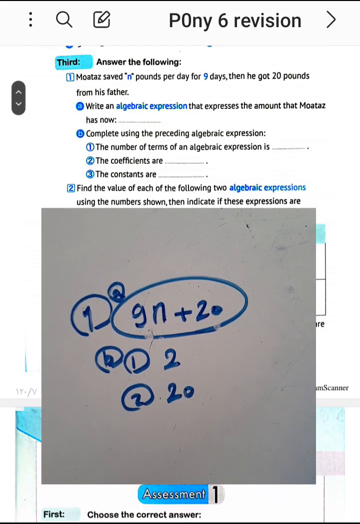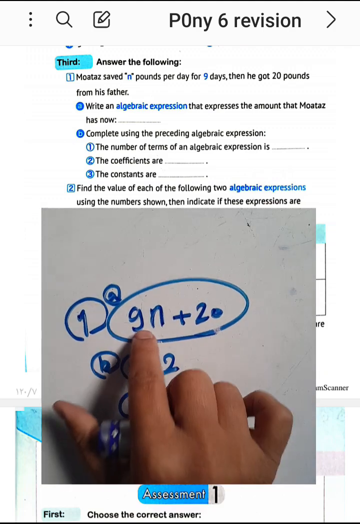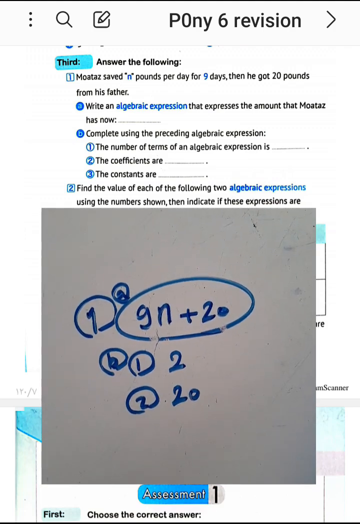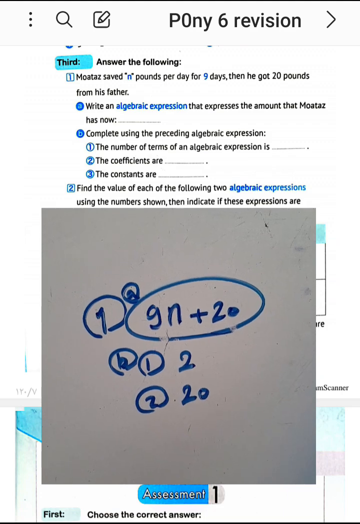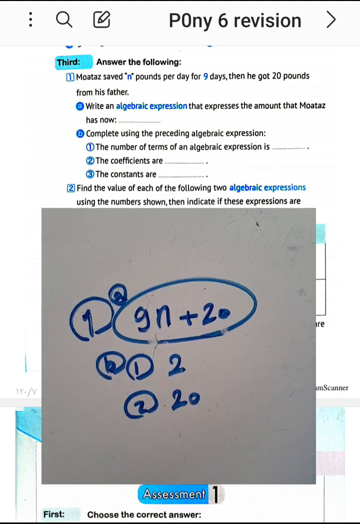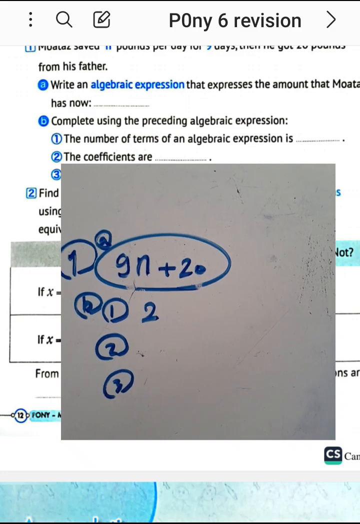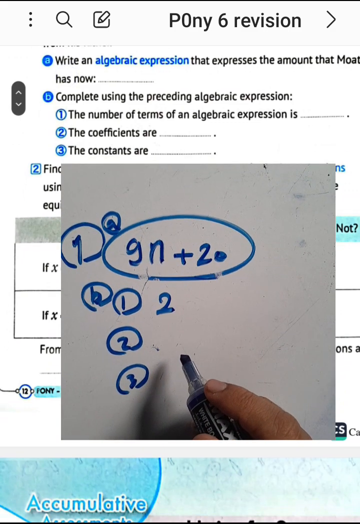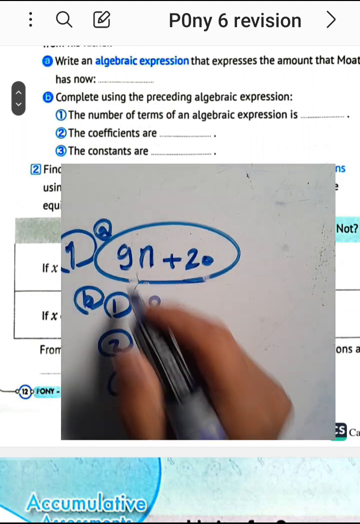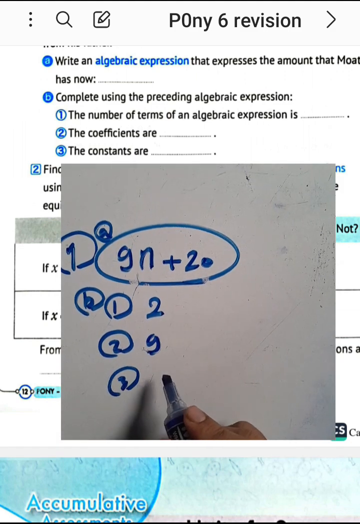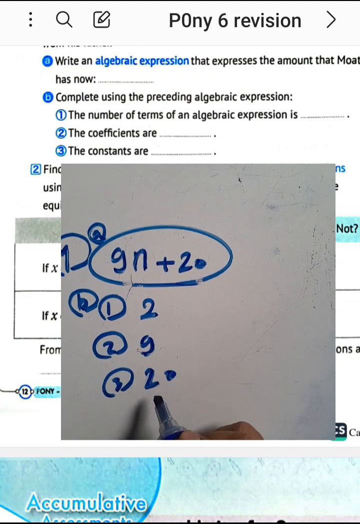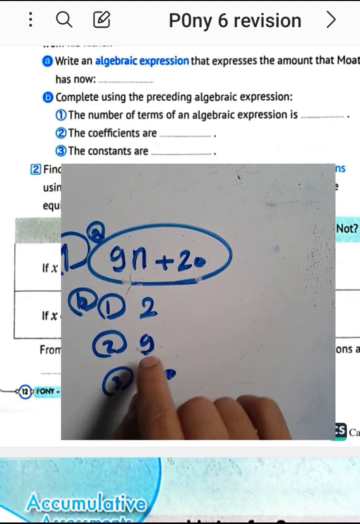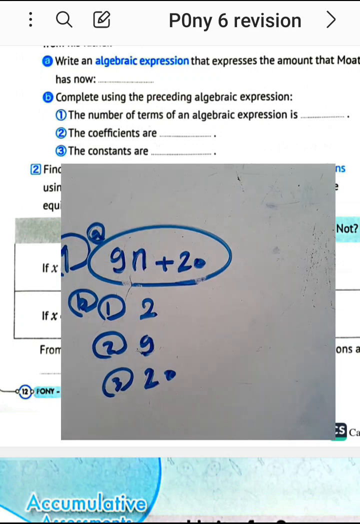And 9 we call the coefficient. You want to find in this example the coefficient, it will be 9, and the constant will be 20. We have 2 terms, 9 is a coefficient, 20 is a constant.